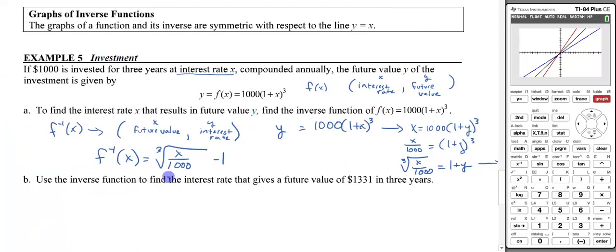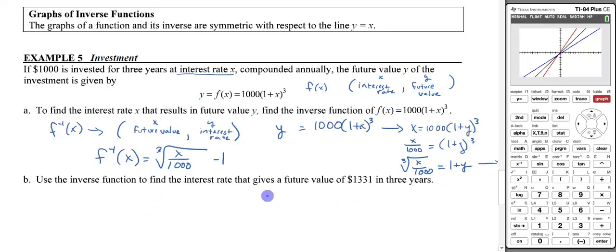Use this inverse function to find the interest rate that gives a future value of $1,331 in 3 years. So exactly, we're going to put the future value in for the x in that f of x function.